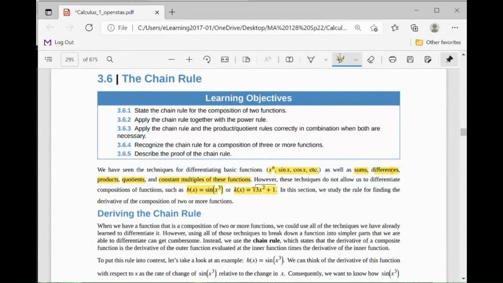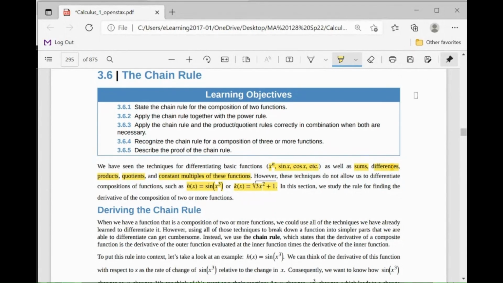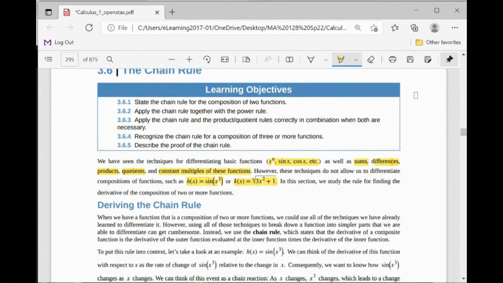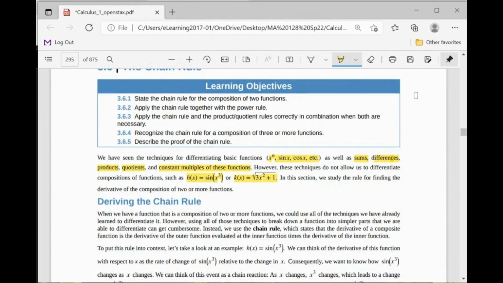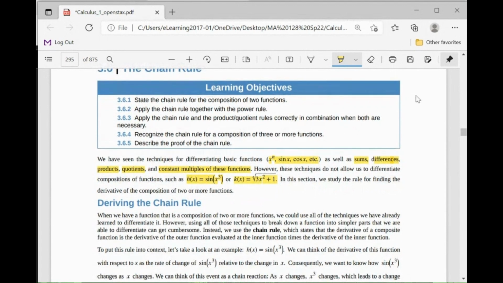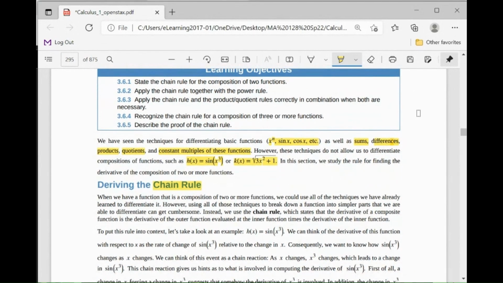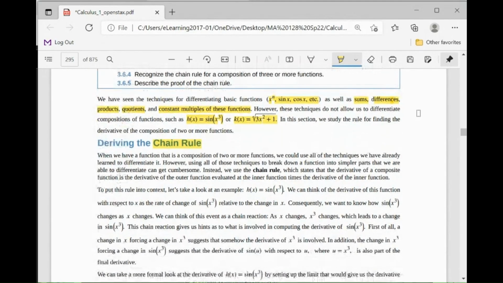So two different types of functions are performed. So for such functions, which are compositions of two or more functions, we use a rule which is called the chain rule. Okay, so I won't go into details on how to derive this rule.